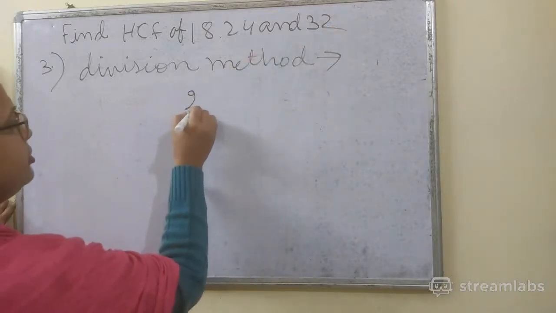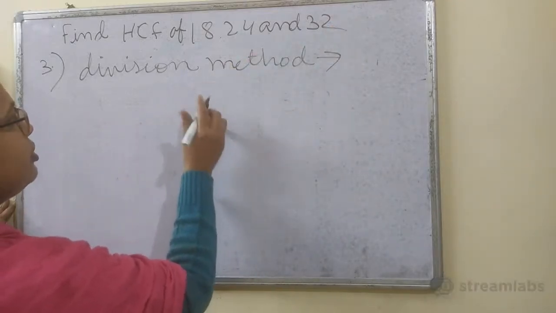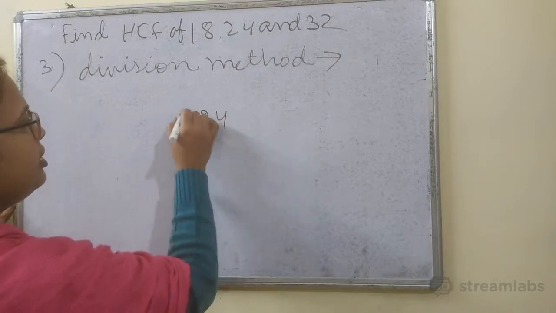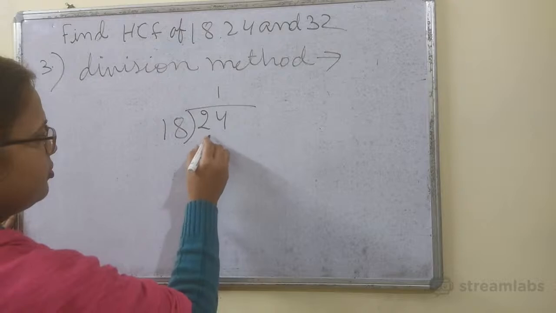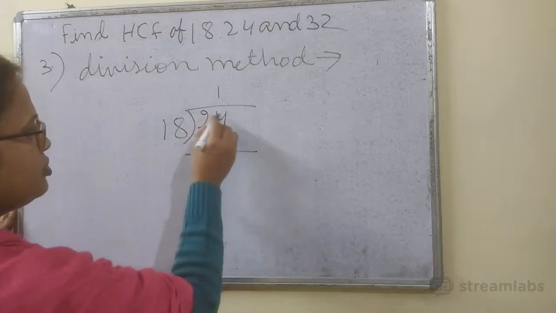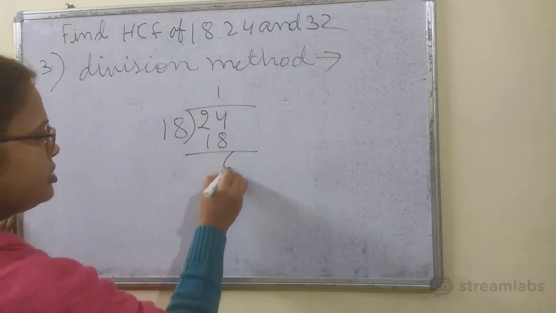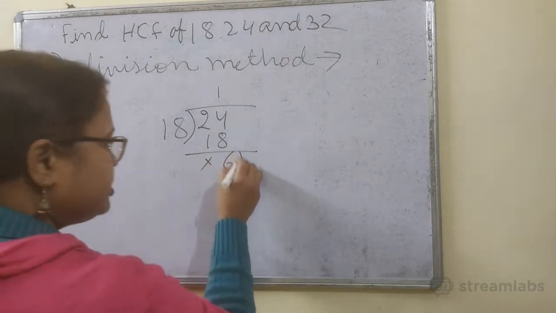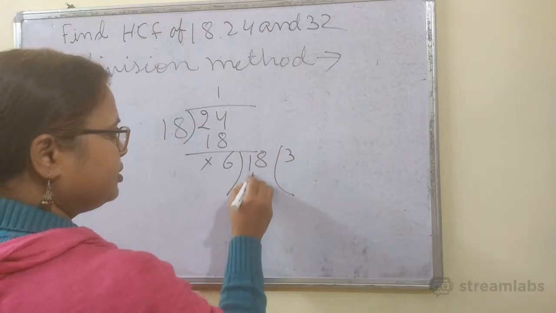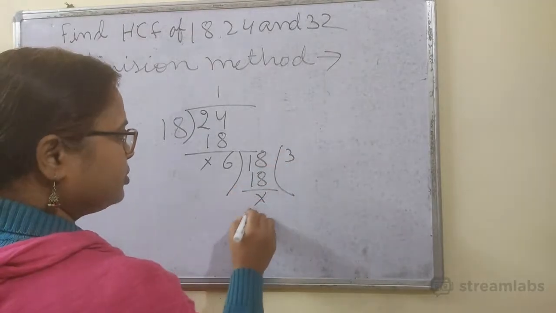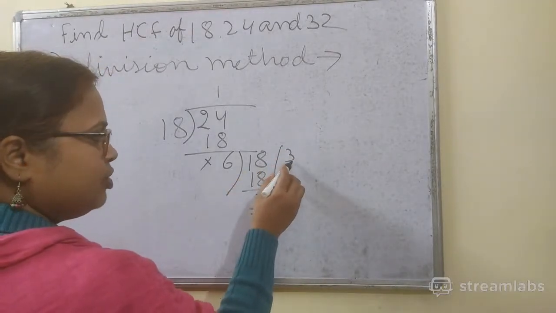So divide 24 by 18. How many times? One time. So 24 minus 18 is 6. Then from this 6, you divide 18. Then how many times? 3. So the answer will not be 3.